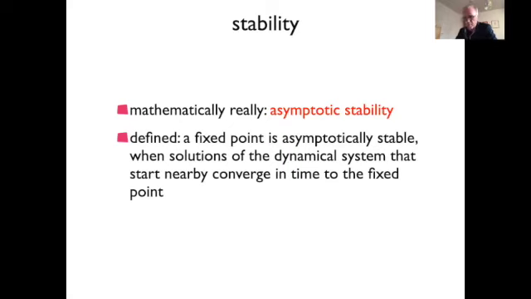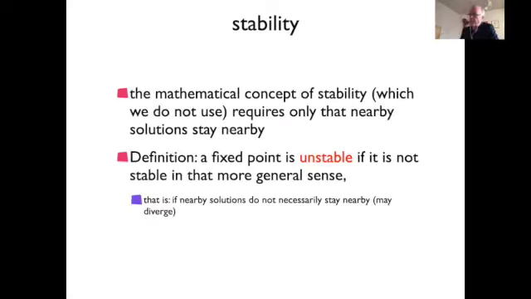That's a very fundamental concept we'll be using all the time, and you will see many uses of that. That has all kinds of implications if you have that. Now, what is actually mathematically stability, as contrasted to asymptotic stability, is that nearby solutions stay nearby. They don't go off. They stay in the vicinity. To those who know these sorts of things a little bit, you might recognize that asymptotic stability is actually a concept that is not compatible with the Liouville theorem.